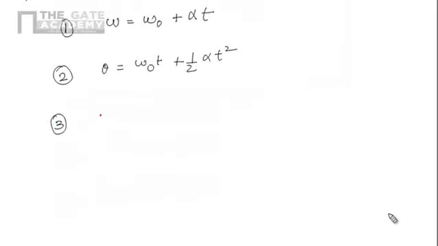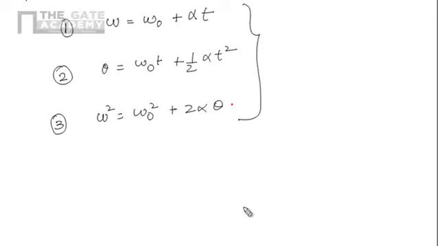Similarly, we can write the third equation also, omega square equals omega naught square plus twice alpha theta. So these three equations we can use when the motion with uniform angular acceleration is mentioned in the problem based on rotational or circular motion.